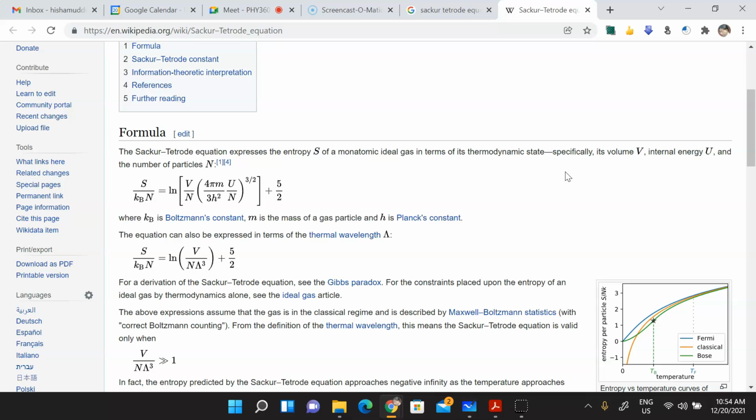Okay, the Sackur-Tetrode equation would have 5 over 2. I think that comes from another consideration which we have not done yet, probably from the indistinguishability, so I better not say that.